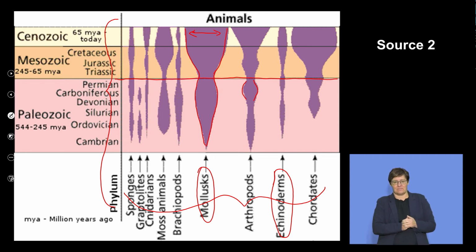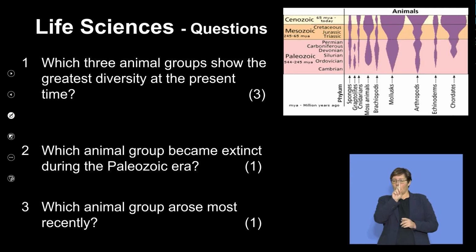Now, what can you be expected to extract from a diagram like this? So let's have a look at the questions which could be asked. Okay, first of all, simple reading off the graph. Which 3 animal groups show the greatest diversity at the present time?